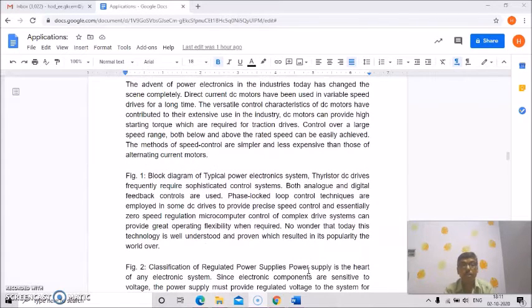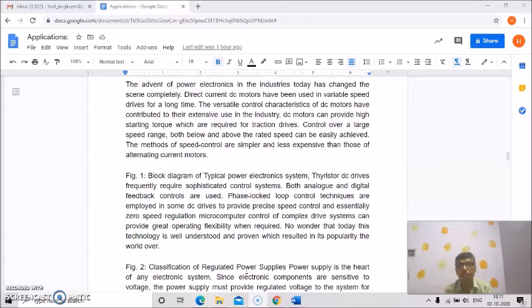If we go to the discussion, we'll find these two figures, figure 1 and figure 2, showing the block diagram of a typical power electronic system and thyristor DC drives. They frequently require sophisticated control systems, and both analog and digital feedback controls are used.